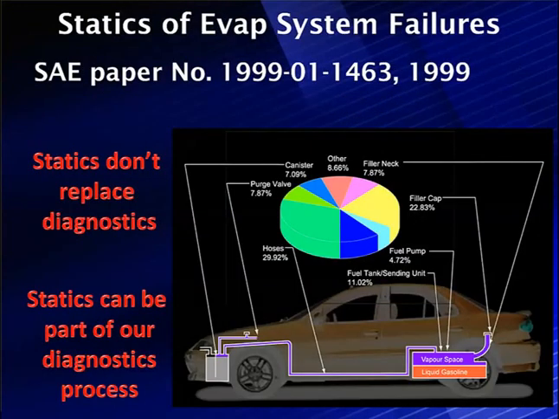Now, statistics don't fix cars, but the SAE did a study in 1990 with the enhanced OBD2 and found out what problems they have. We have a lot of people who say, well, my strategy is to change the filler cap, gas cap, whatever you want to call it, and see if it fixes the problem. Well, that's going to fix it about 23% of the time.